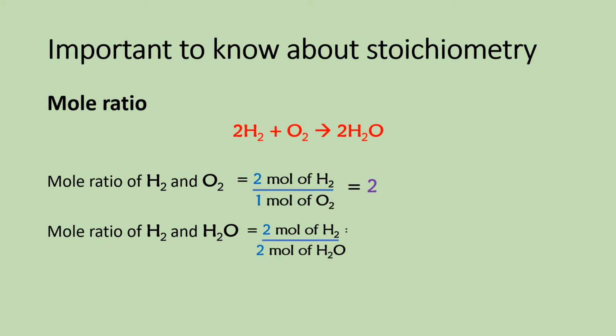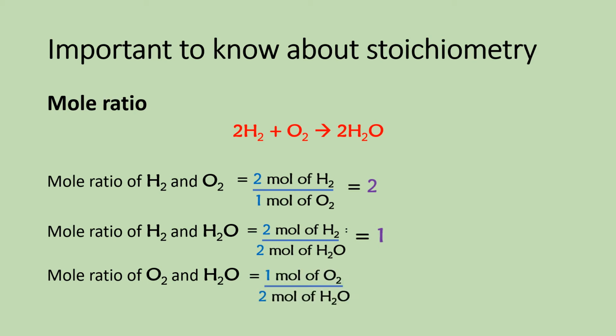So overall, the ratio 2 over 2 is equal to 1. And then finally, if we are trying to find the mole ratio of oxygen and water, we do the same thing. For every 1 mole of oxygen that we see in the reactants, we get 2 moles of water as a product.